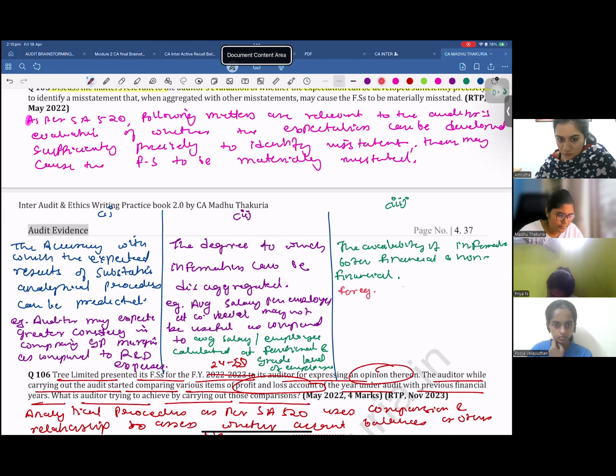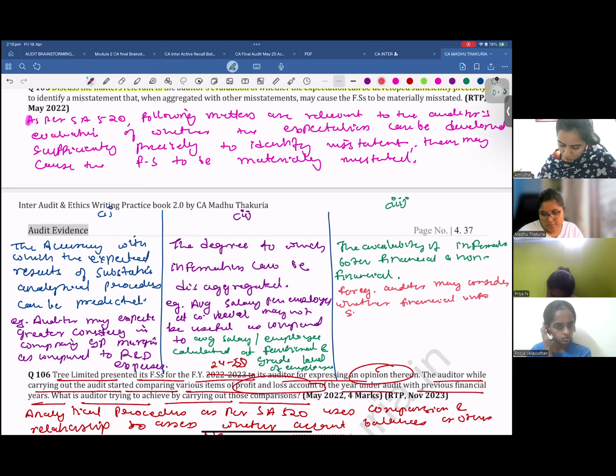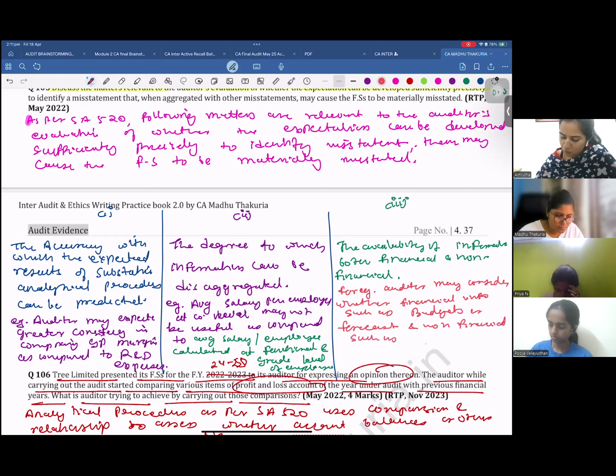For example, the auditor may consider whether financial information such as budgets or forecasts, and non-financial information such as number of units produced and sold, is available.